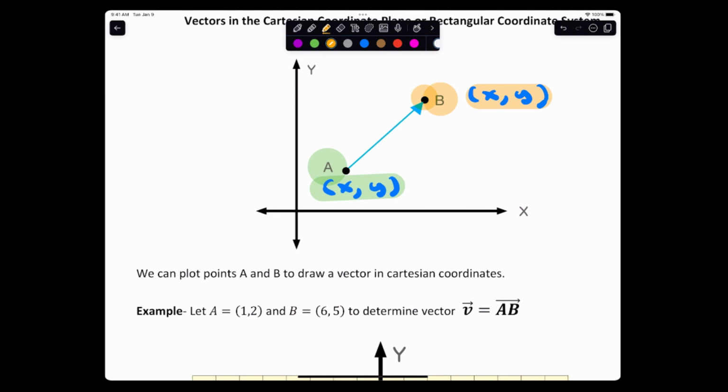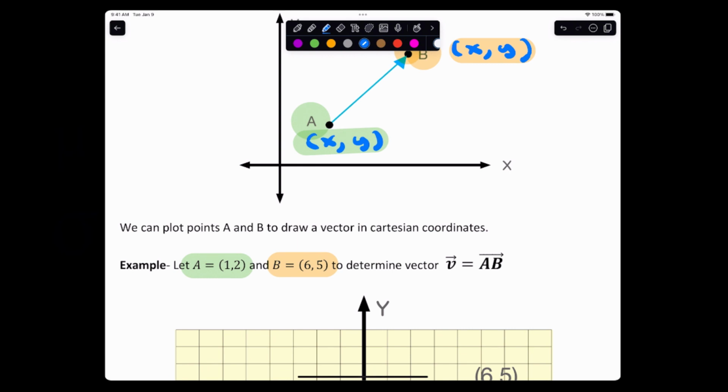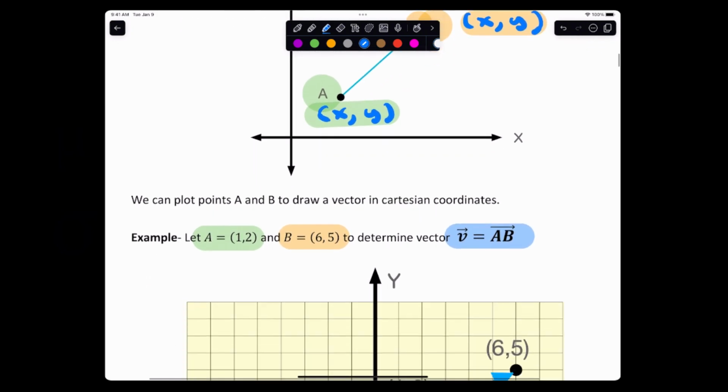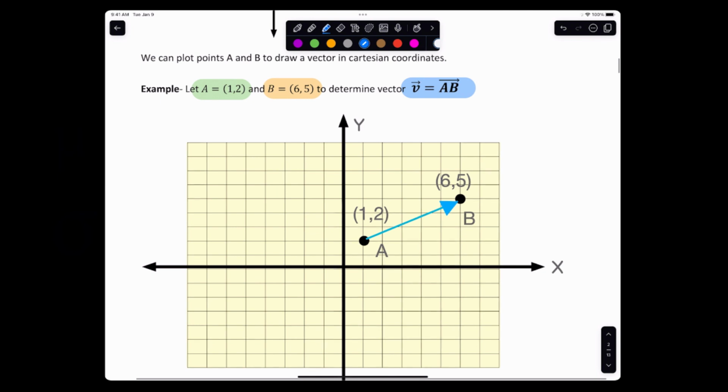So in this example, they want to give you the starting point, the ending point. And what they want you to do is to describe or create vector V. And you might say, well, how in the world do we do that, right? Well, here's how they do that. This is just a sketch for the beginning here, okay?